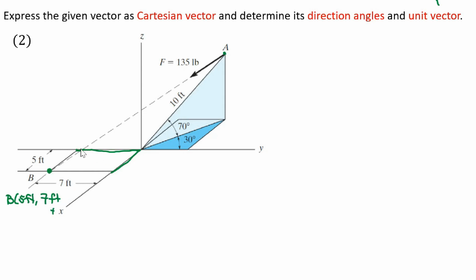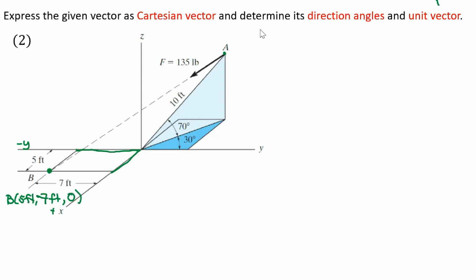And that is negative since it's going to negative Y. So let's write negative. And the dimension of point B along Z, since this point is aligned to the origin, is 0. So for point B, that is 5, negative 7, and 0 feet.